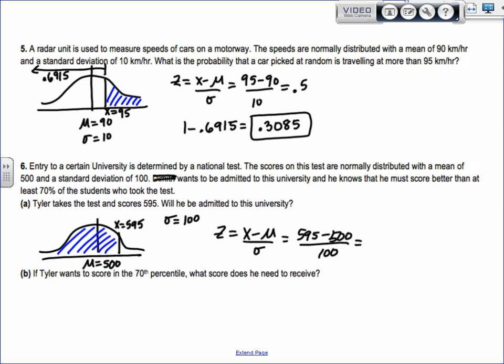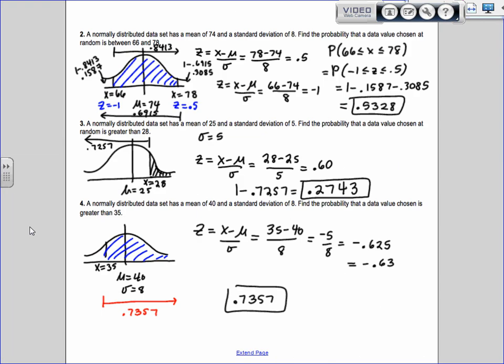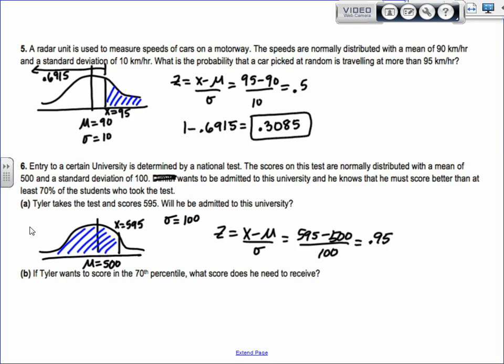So I get 95 over 100, which is 0.95. Okay, so I look up 0.95 on my table. You go down to 0.9 over 1, 2, 3, 4, 5. Right there. So 0.8289. That's going to be the percent of people that score less than him.